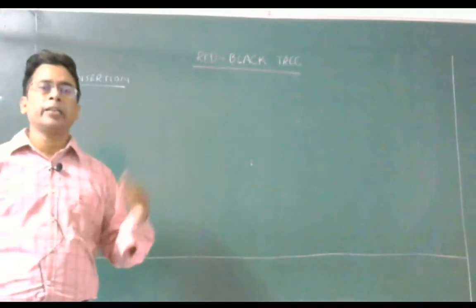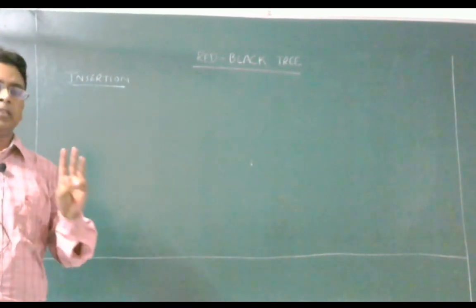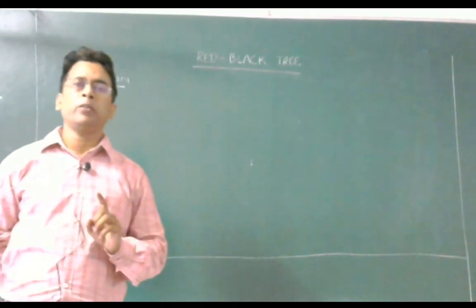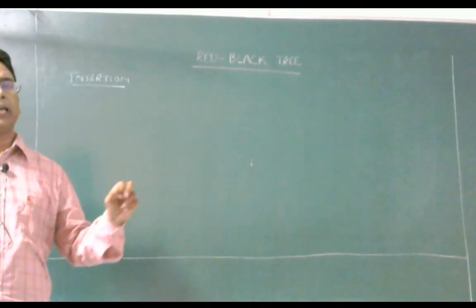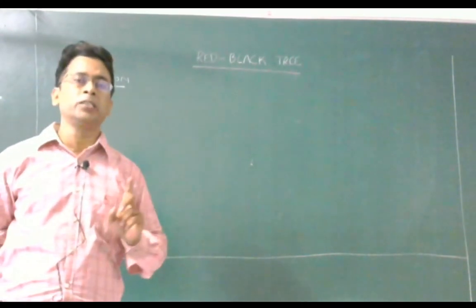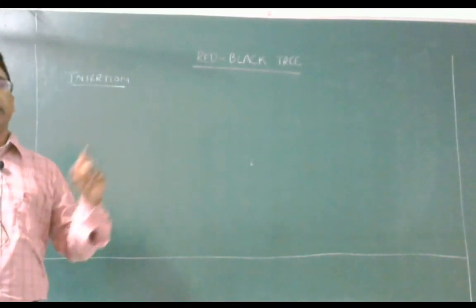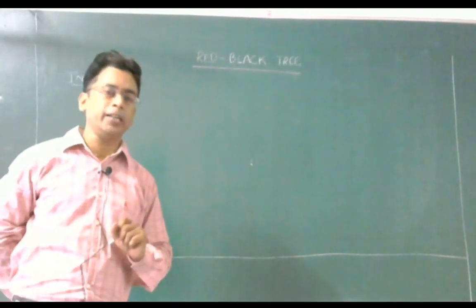Similarly, in the second category, when the parent was the right child of the grandparent, there were three cases. Case 1, when the uncle is red. Case 2, when the uncle is black and the newly inserted node is the left child, and case 3, when the uncle is black and the newly inserted node is the right child.